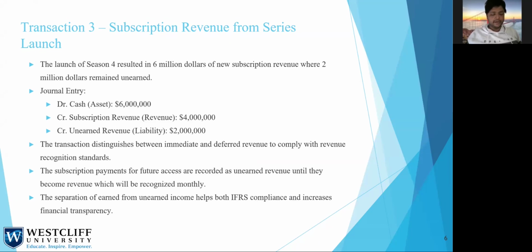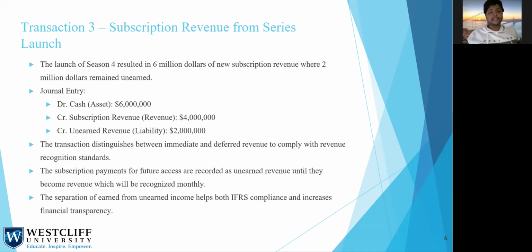The remaining 2 million is classified as unearned revenue since the subscription service hasn't been fully delivered. In that case, cash will be debited at 6 million and subscription revenue, which is credit, will be 4 million because we have received the 4 million.